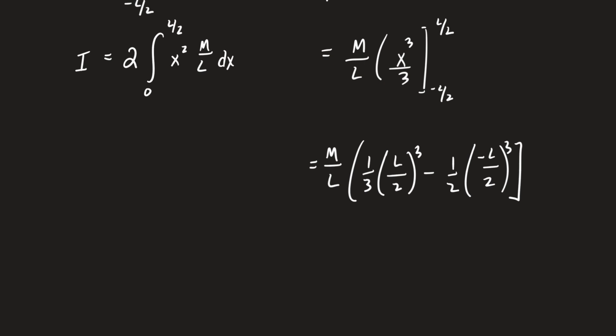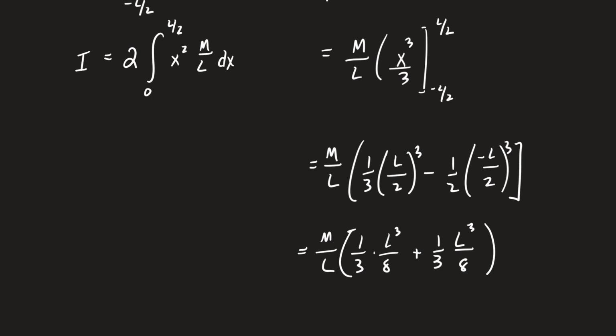Everybody see that's all right? Just algebra now. 2 cubed is 8, right? Negative cubed is still negative, and a negative times a negative is a positive, so positive 1/3 cubed over 8.